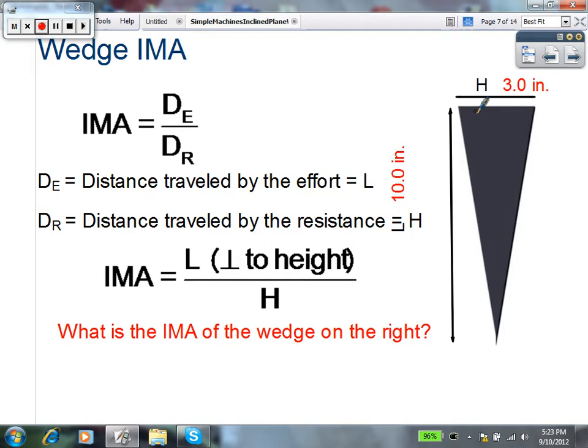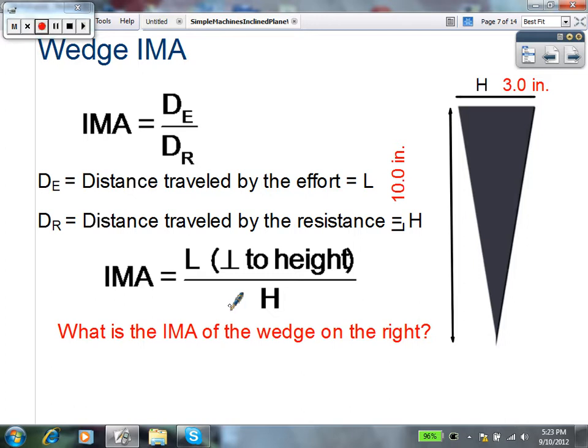From this point up here to the tip is 10 inches. That is the length, and it's always the length perpendicular to whatever we called our height. Basically, our height is the thickness of the wedge. So our ideal mechanical advantage is the length perpendicular to the height over the height itself.